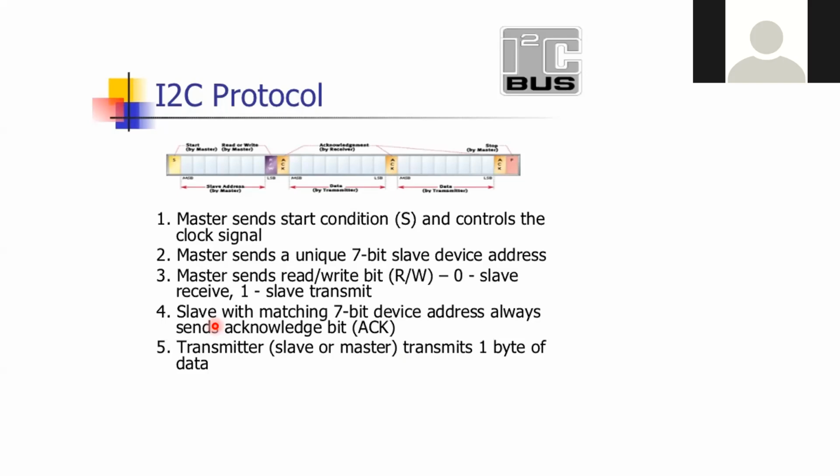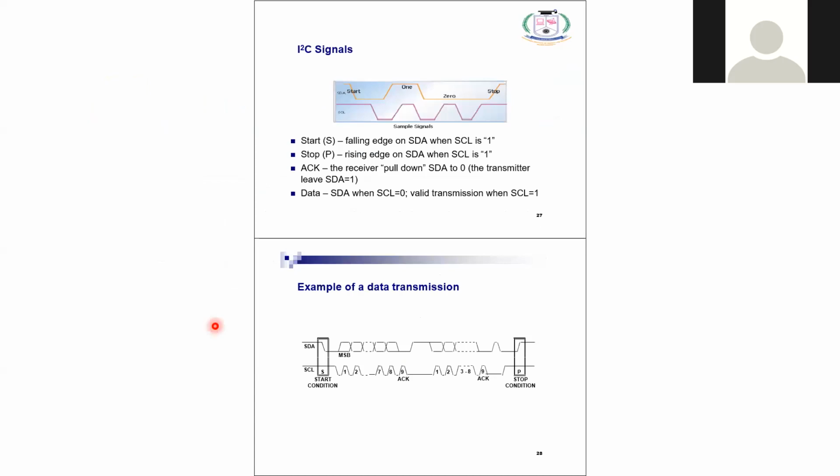First, the master will send the clock signal, then the address, then whether it is a read or write operation. After that, the slave devices will understand, okay, this is my address, and send the acknowledgement bit. After receiving the acknowledgement from the slave devices, the master will transmit the data. Okay, so I think this is the same thing.